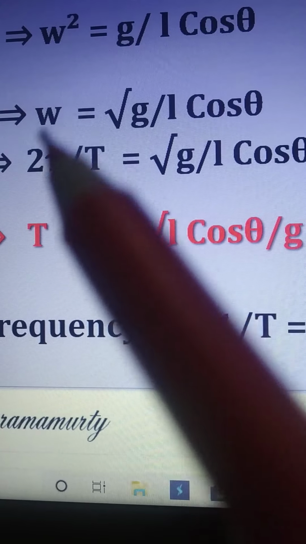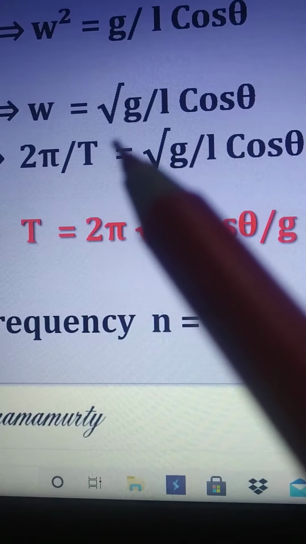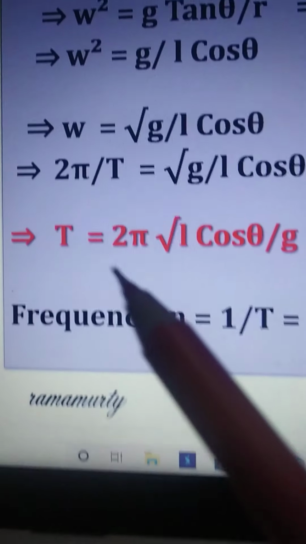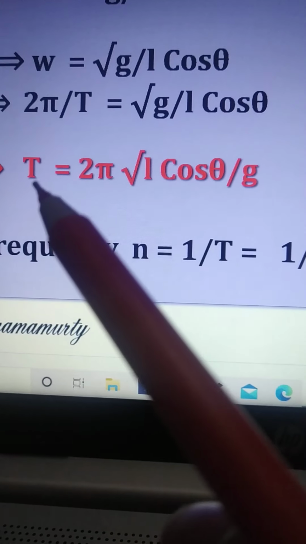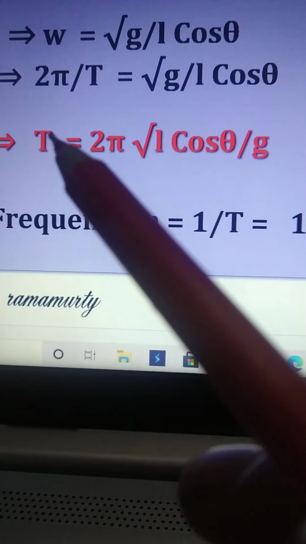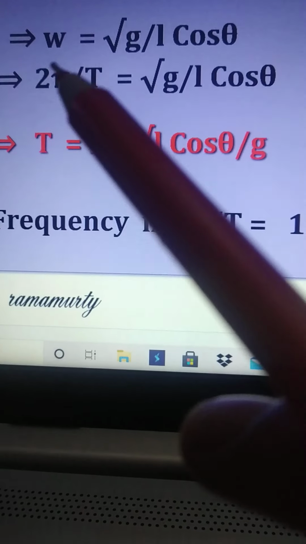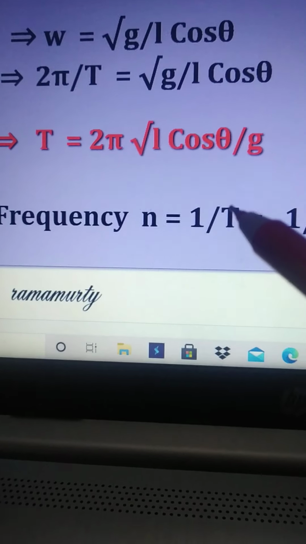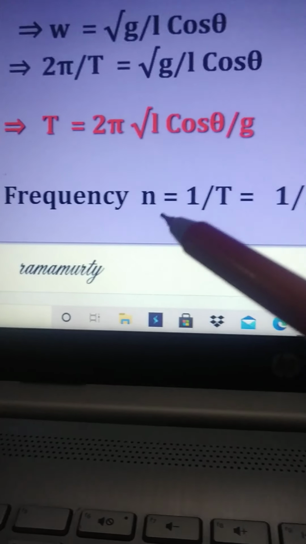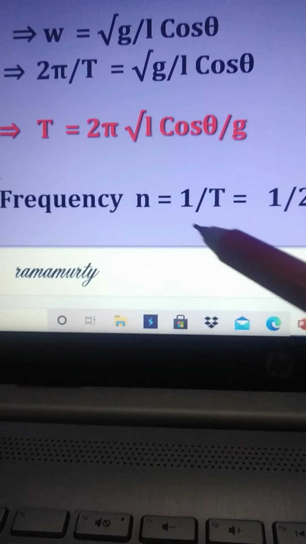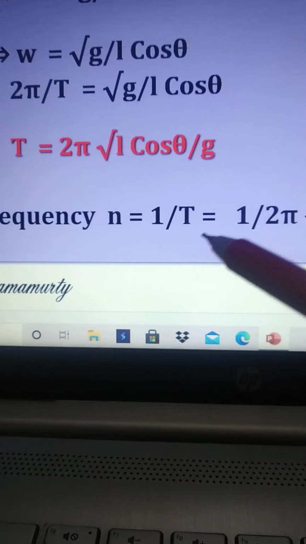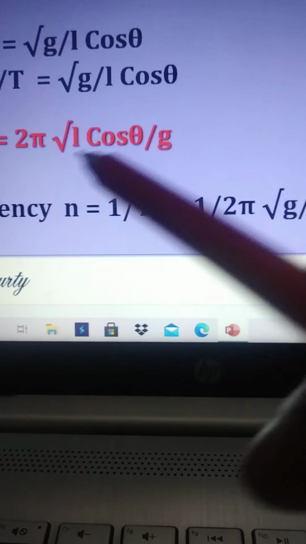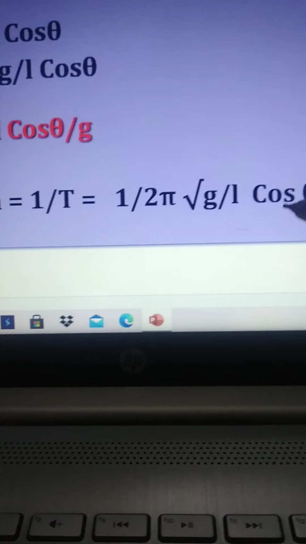Putting this value, we get the root of g upon L cos theta. Rearranging this equation, for the time period of a simple conical pendulum, T is equal to 2 pi root of L cos theta upon g, and frequency n is 1 upon T, the reciprocal of the time period, which is 1 upon 2 pi root of g upon L cos theta.